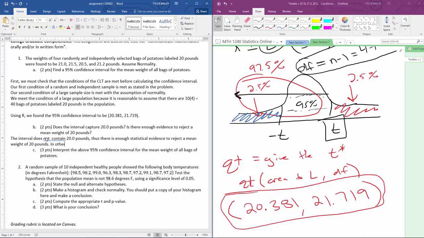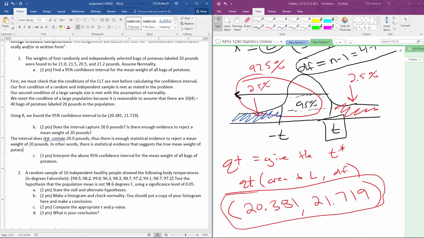In other words, there is statistical evidence that suggests the true mean weight of potato bags labeled 20 pounds is not equal to 20 pounds.